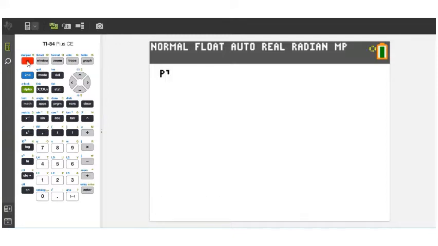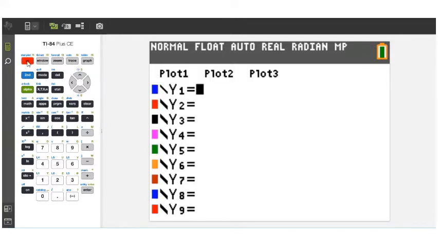And so I'm going to go into Y equals, and we're going to enter the equations that we did in slope-intercept form. So for Y1, if you remember, I've got 2/5 x minus 11/5.